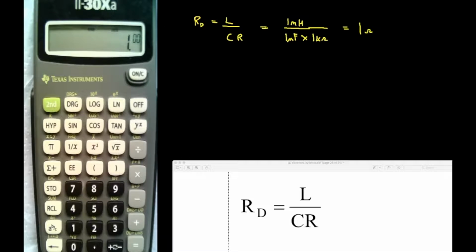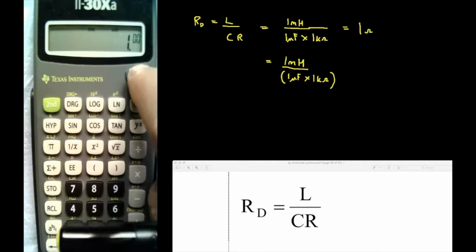Let's see if I start at the top of the equation. What I'll be doing is this: 1 millihenry divided by, now I need to clump these together. I need to have all of this divided into the 1 millihenry. So I'm going to have to use a bracket here: 1 microfarad times 1 kiloohm to clump it together. Let's see how that works.